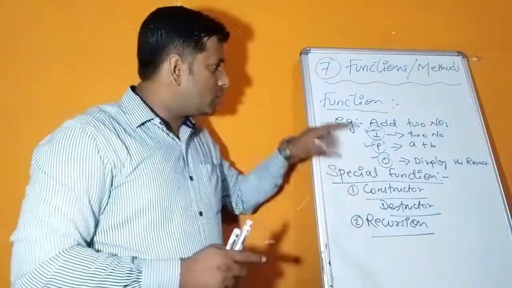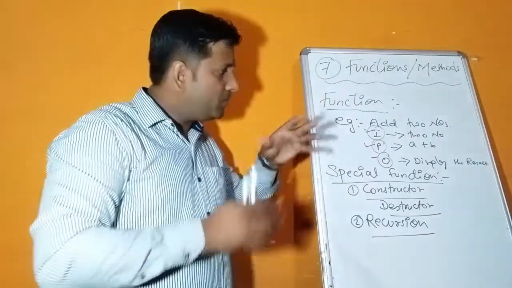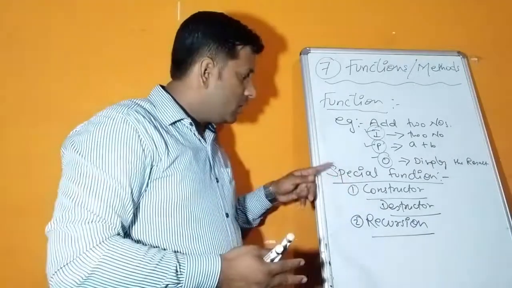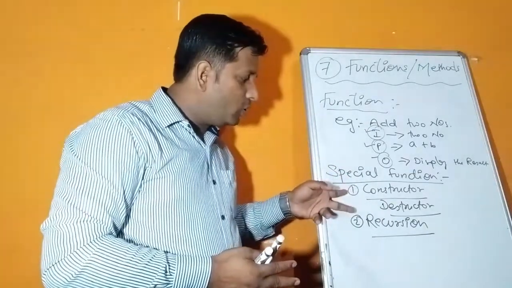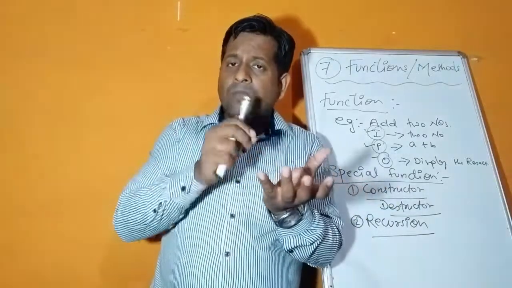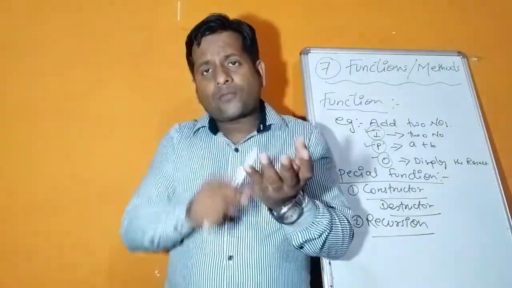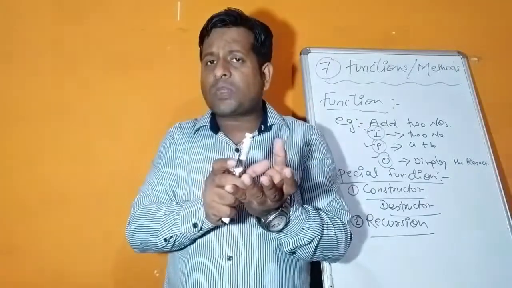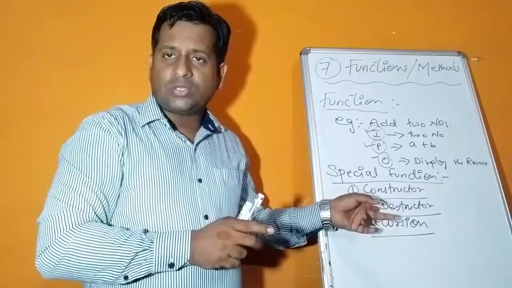So children, what you understood is what exactly a function is, the use of a function, and special types of function. We have two, constructor and recursion. Constructor occupies certain space, so after the work is done, it releases the space with the help of destructor.